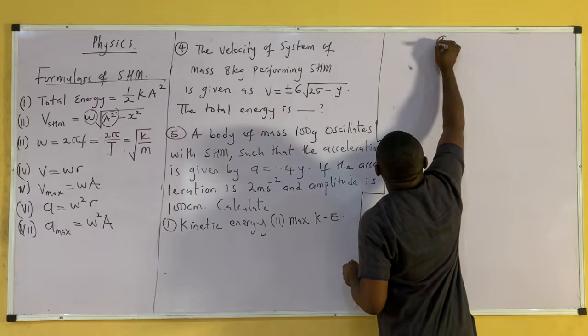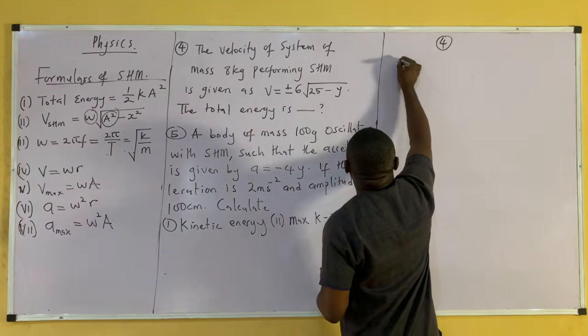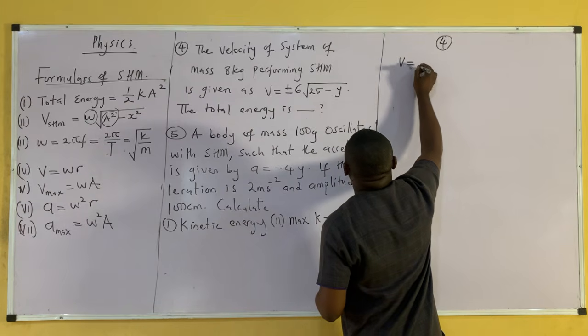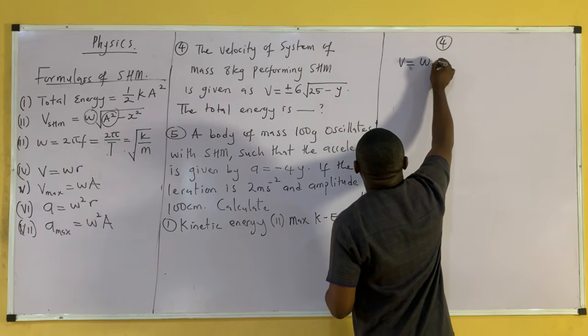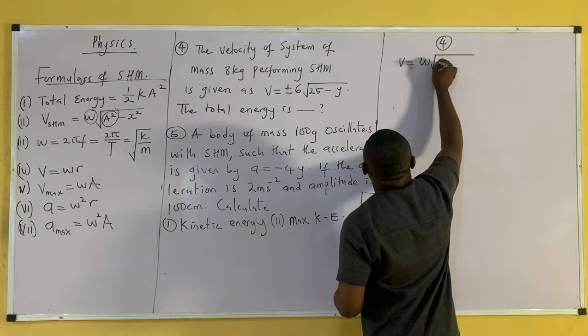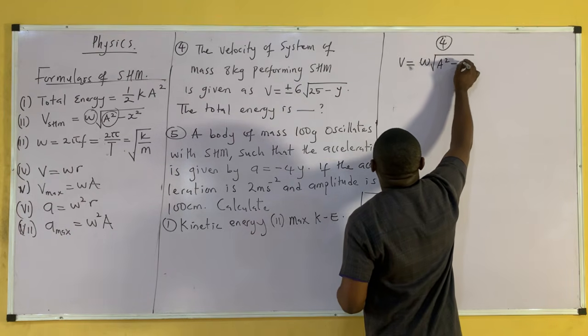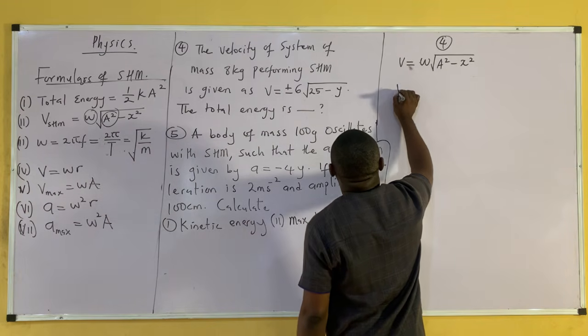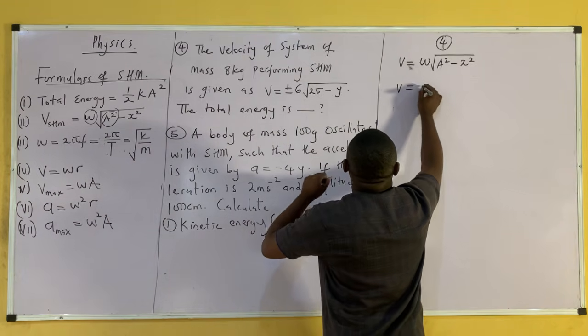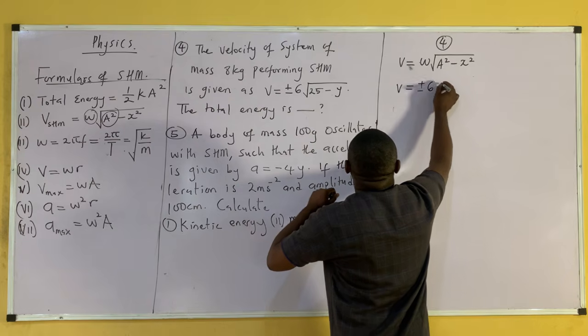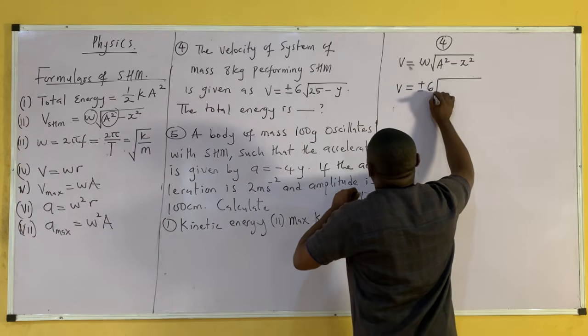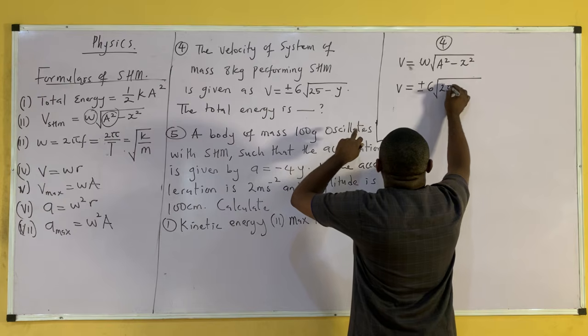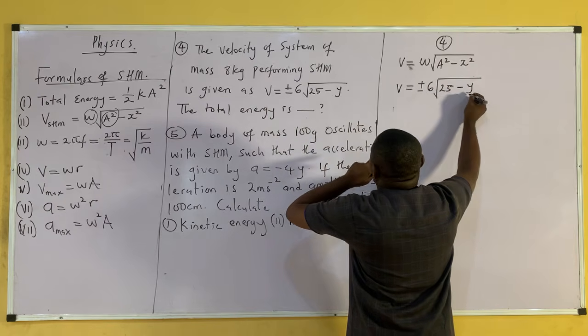Number 4 can be compared with V is equal to W square root of A square minus X square. Now, what are we comparing with? We are comparing with V is equal to plus or minus 6 square root of 25 minus y.